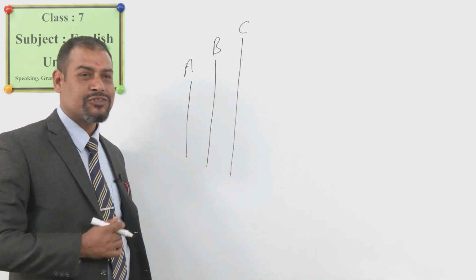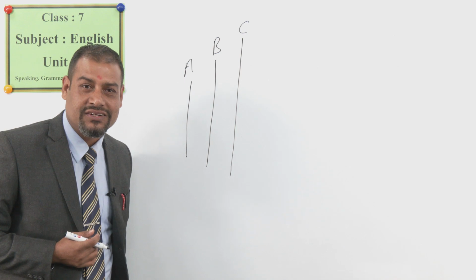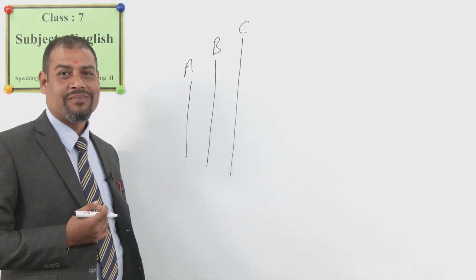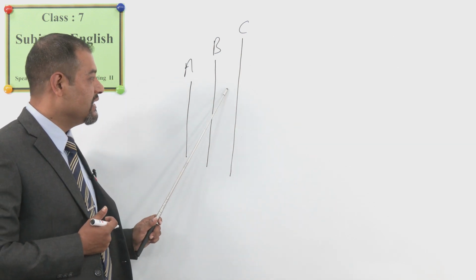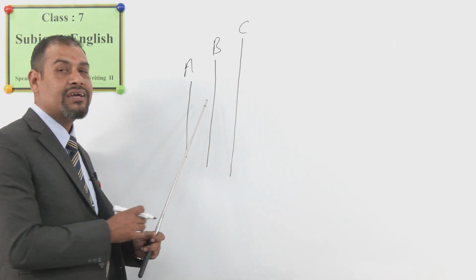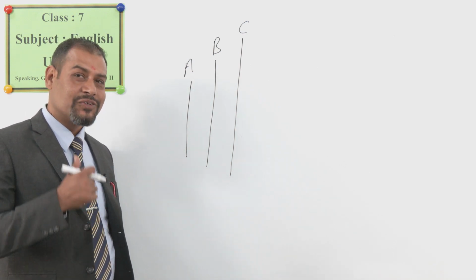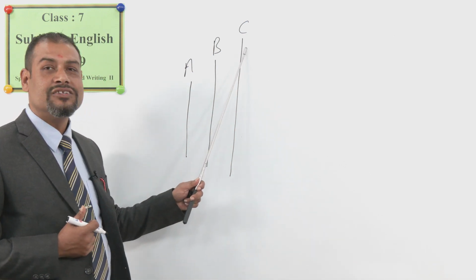So your answer should be A is tall. Now my next question, who is taller? All right, B is taller. See, if you compare between A and B, B is taller. Then who is the tallest? Good job. C is the tallest.